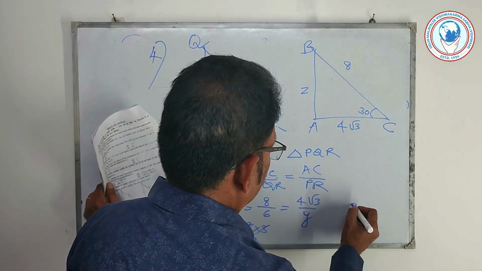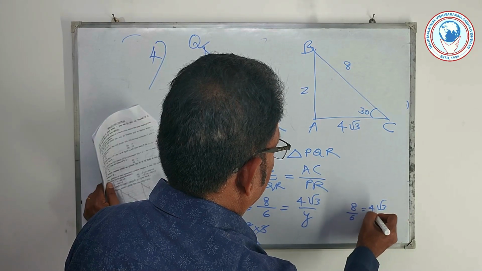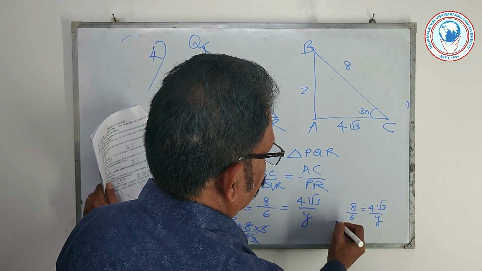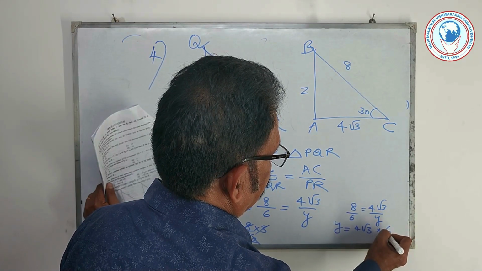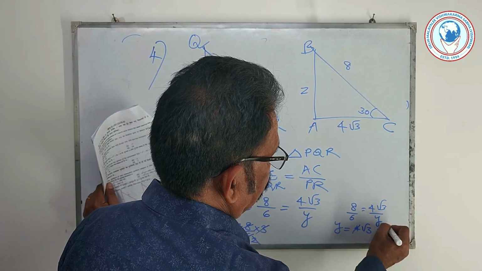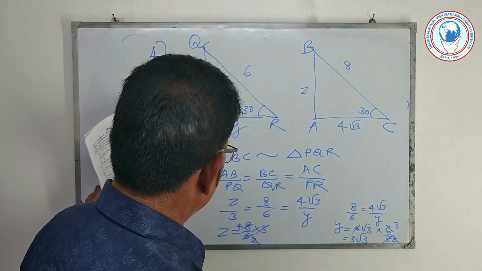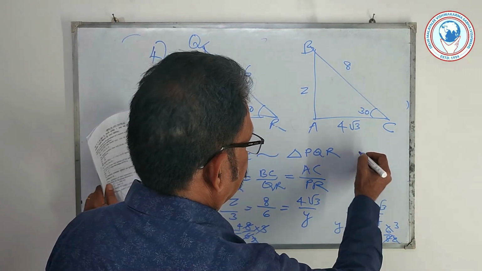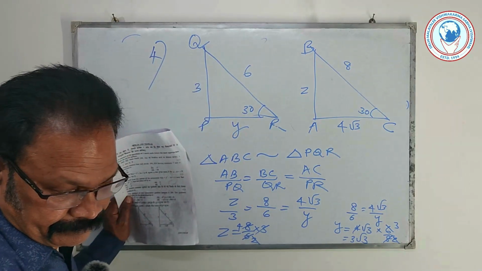And second and third, 8 by 6 is equal to 4 root 3 by y. So y is equal to 4 root 3 into 6 by 8, that is 3 root 3. Z is equal to 4 and y is equal to 3 root 3.